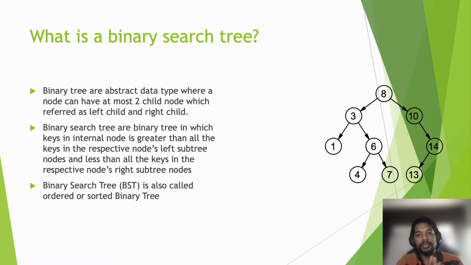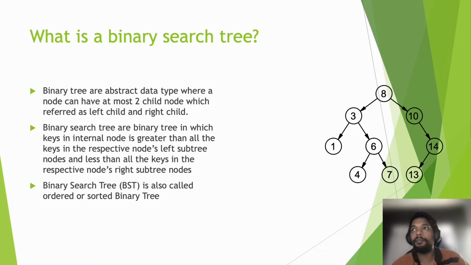Now a binary search tree is a specialized case of a binary tree in which each internal node is greater than all the keys in the respective left subtree nodes, and less than all the keys in the respective right subtree nodes.